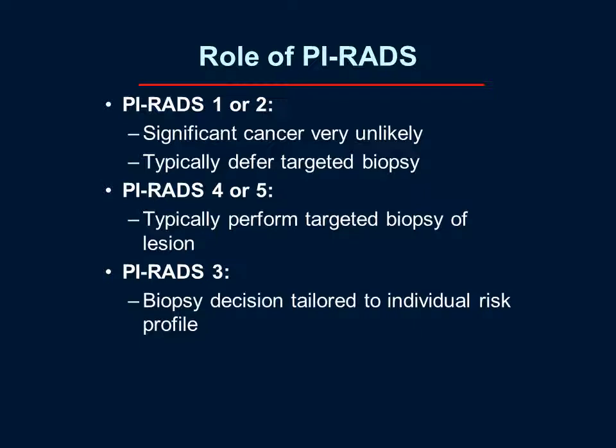For PI-RADS categories 4 and 5, these have a greatly elevated risk of significant cancer, and a targeted biopsy would typically be warranted. PI-RADS 3, I think views on this are still evolving. Whether to perform a targeted biopsy at this point will still be tailored to the patient's individual risk profile.